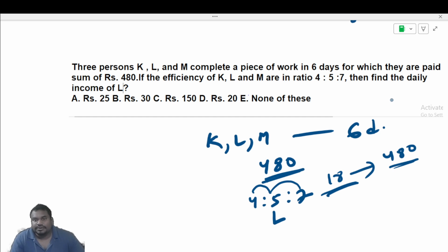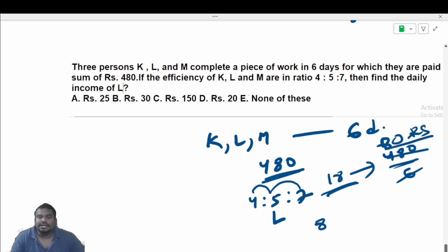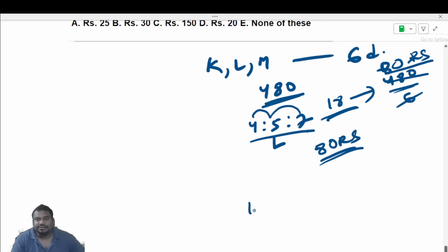So daily income of L means, see, this 480 is for 6 days. Then 80 rupees is the daily income of 3 persons. In this 80 rupees, the division will take place as per this ratio. So when 16 parts are getting 80 rupees, how about 5 parts? So that is the question.